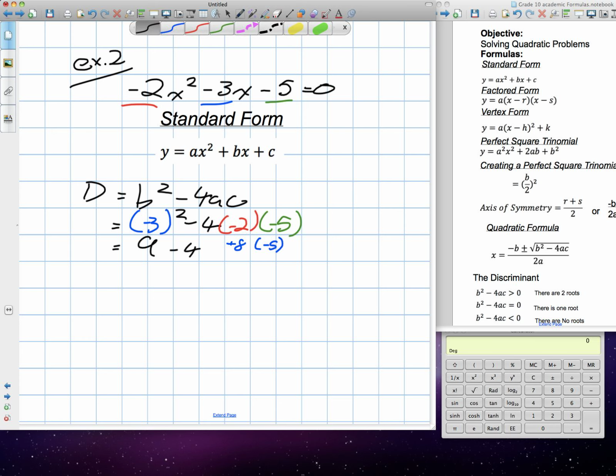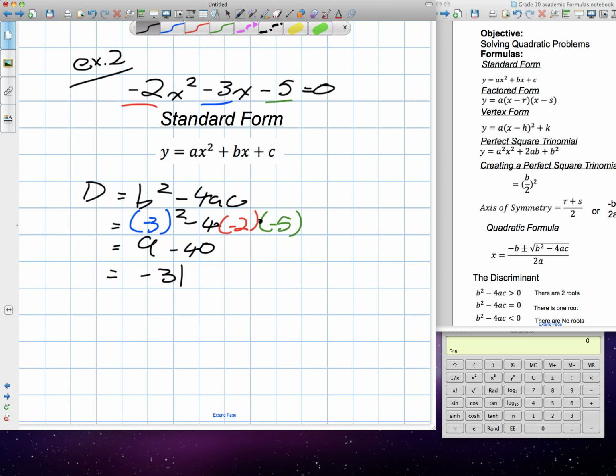And +8 times -5 will give us -40. So we're multiplying. That's the formula: 4 times A times C. So 9 subtract 40 gives us -31. We have a negative term. Therefore, how many roots are there? There are no roots. This is less than 0.